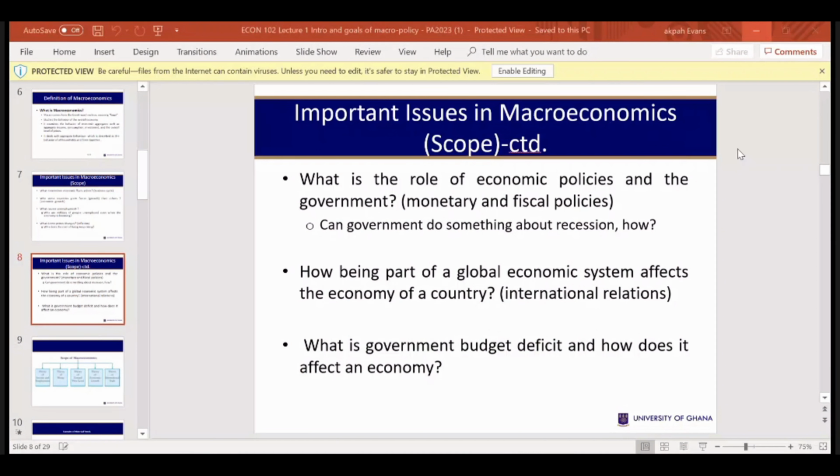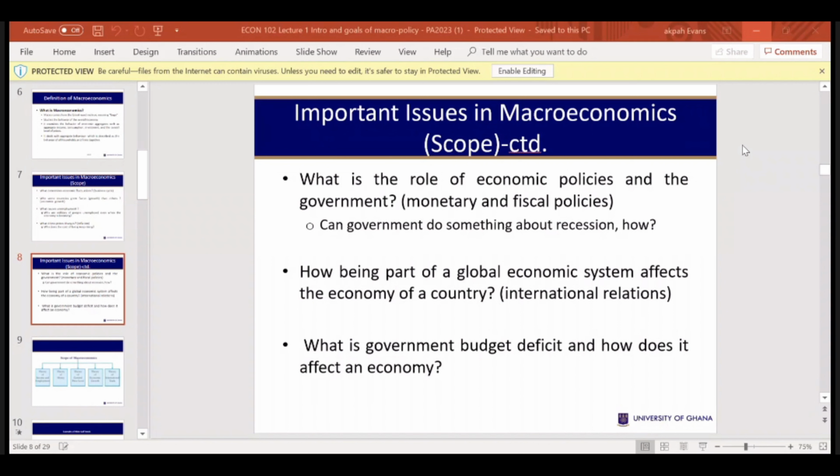So we are saying that international relations, okay, you are in your own country, you are not fighting any country, but a war between two countries affects you here. Those analyses are what we call international relations, and all of those fall within the scope of macroeconomics.